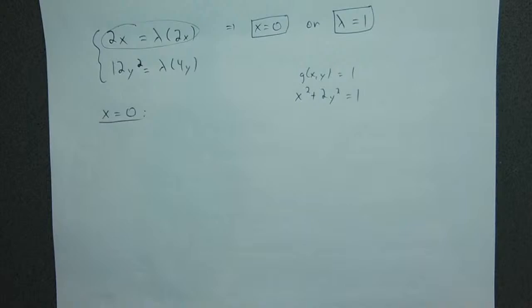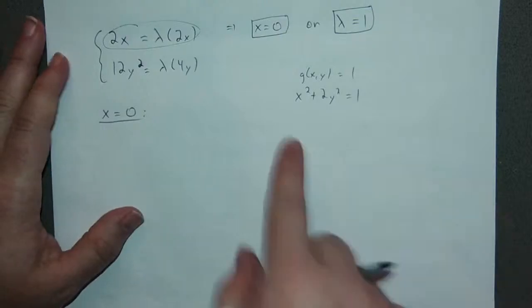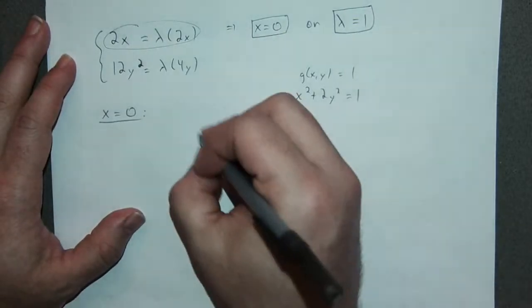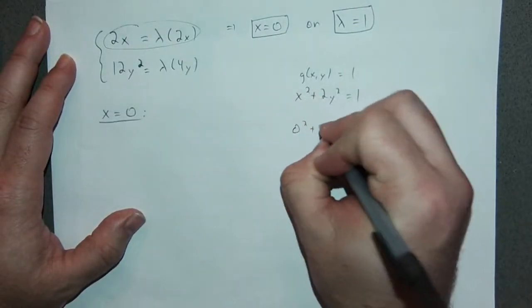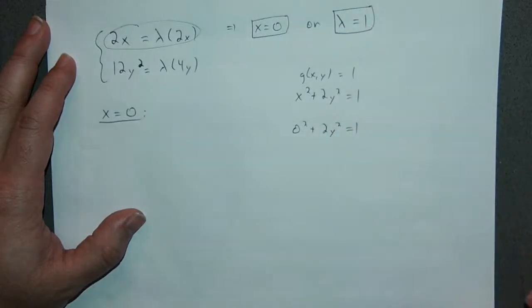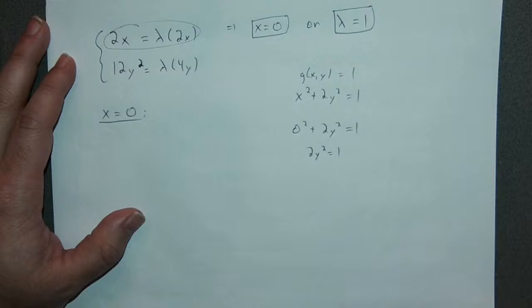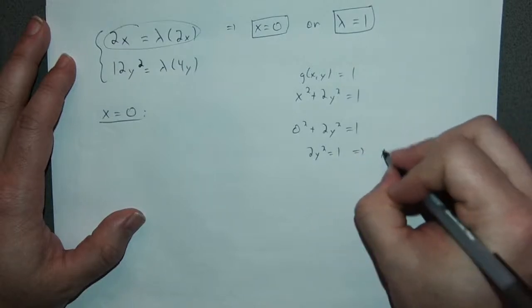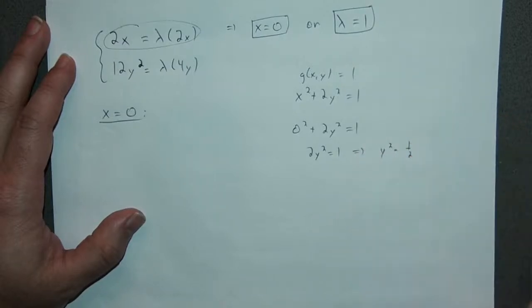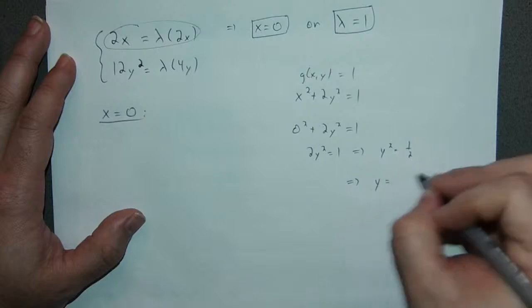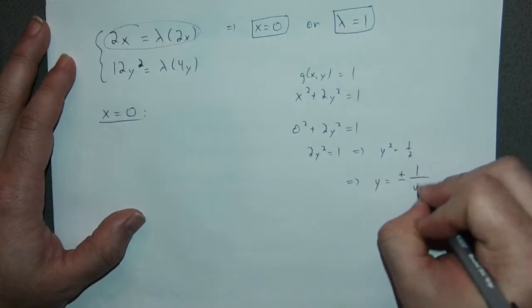Knowing that x is equal to 0 then tells me what? Knowing that x is equal to 0 tells me that 0 squared plus 2y squared is equal to 1, or that 2y squared is equal to 1, which tells me that y squared is equal to 1/2, which tells me that y is equal to plus or minus 1 over root 2.